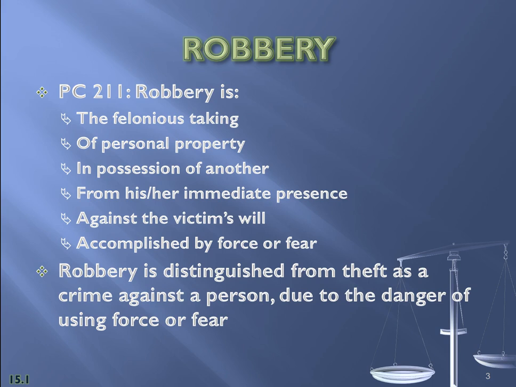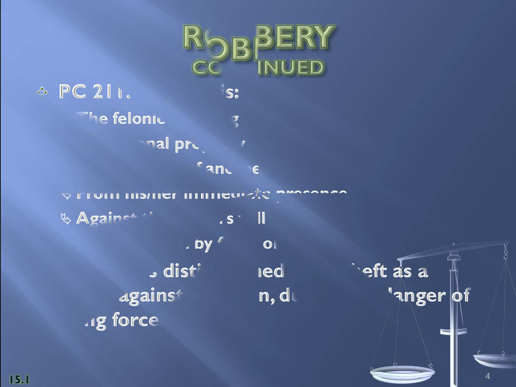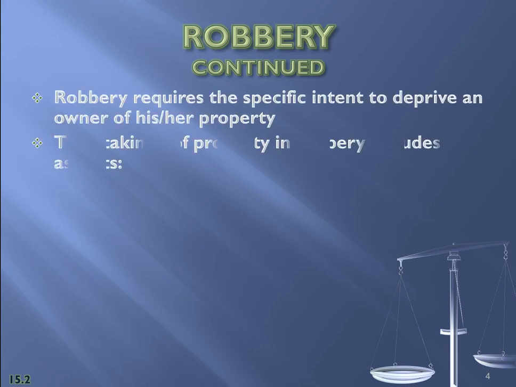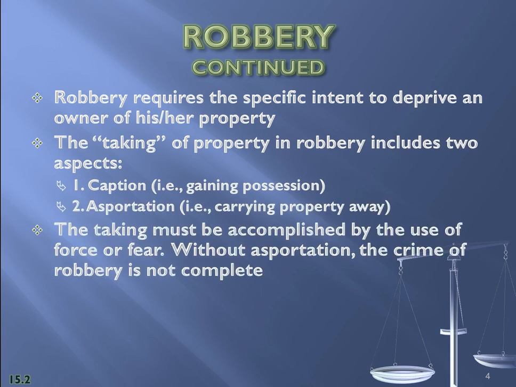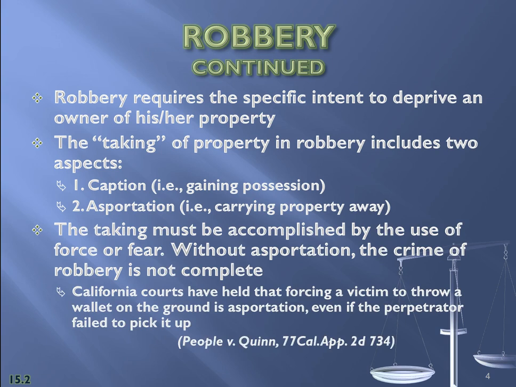Before we look at some of the elements of robbery, I think it's important that we look at a couple other things specific to robbery. At common law, robbery was a felony crime against both the person and the property of another. As it is today, robbery amounted to the taking of the personal property of another from the victim's personal or immediate presence by violence or intimidation, and of course against the victim's will.